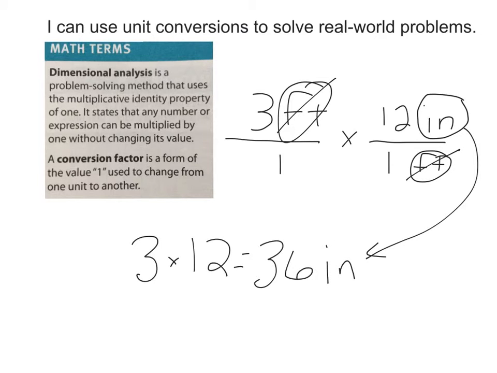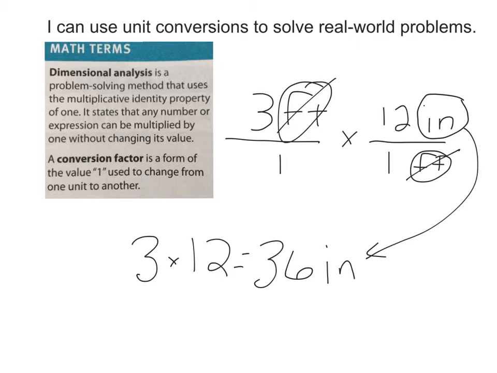So while you may have known that there are 36 inches in 3 feet, this is a way that allows us to make multiple conversions, which is a process that gets a little bit tricky when we start to go from, say, yards to inches or from years to minutes. Those are conversions that take multiple conversion factors to get to our solution.